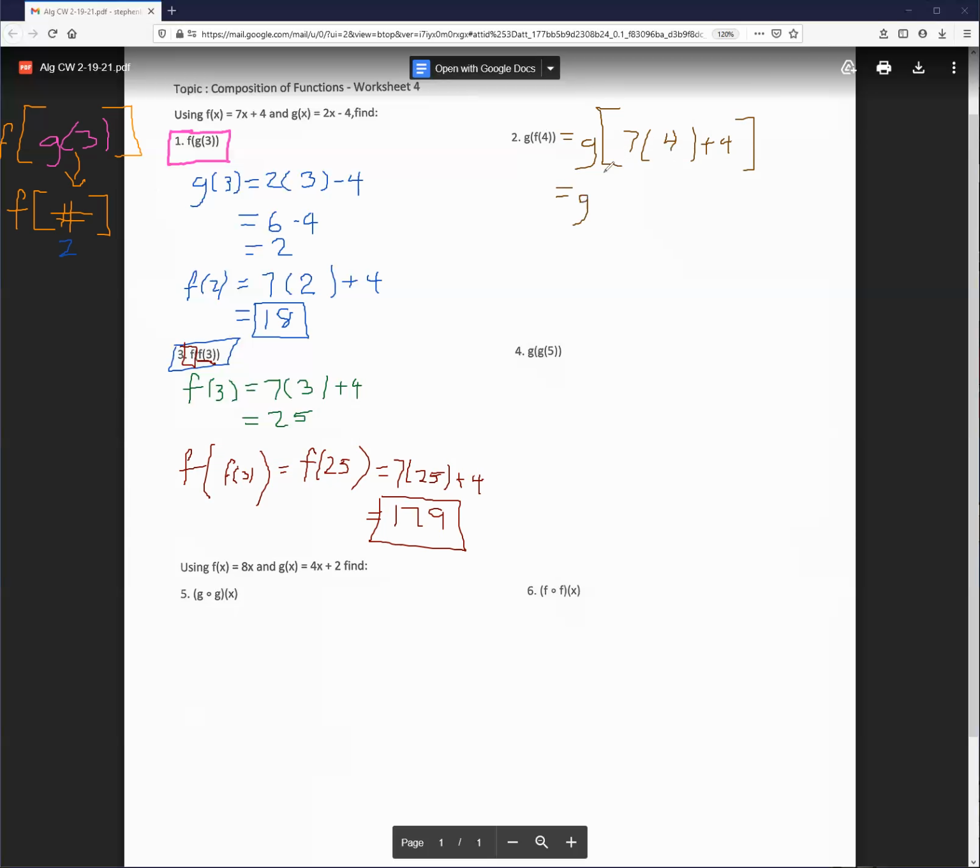So it's g of 28 plus 4, which is 32. Okay, so g of 32 is 2 times stuff minus 4. 32, 64 minus 4 is 60.